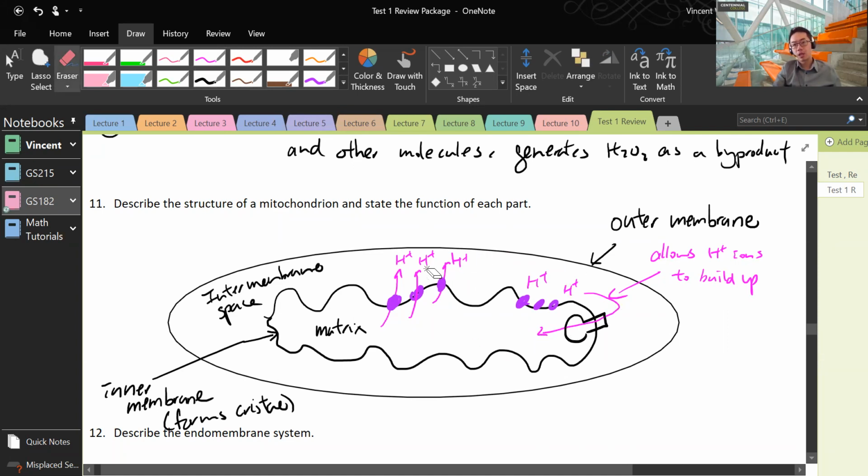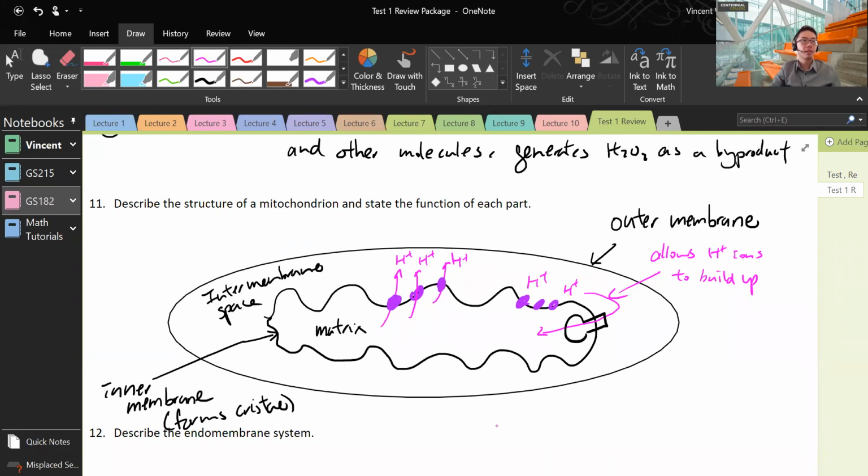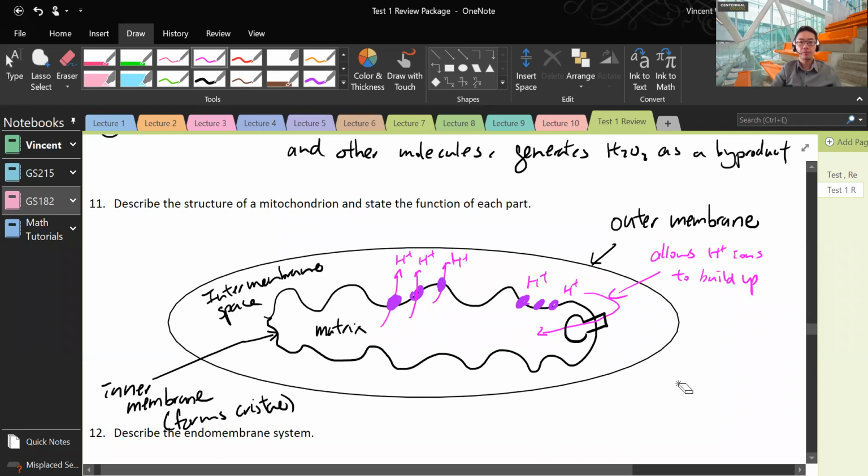So that concentration difference is what drives the production of ATP, right? Okay. So these purple things, those are the electron transport chain embedded within the cristae.